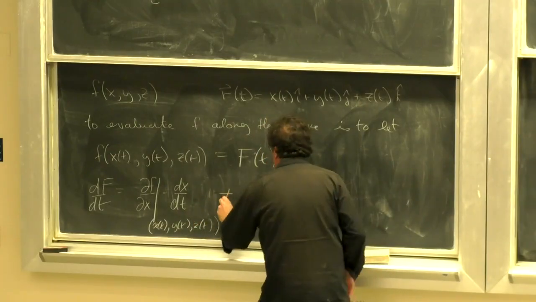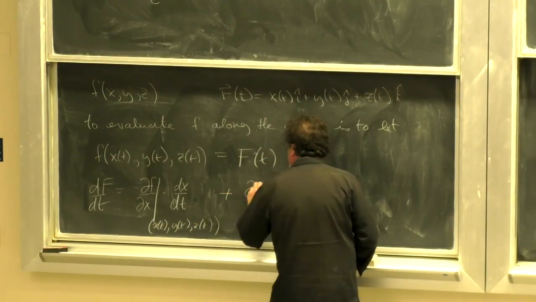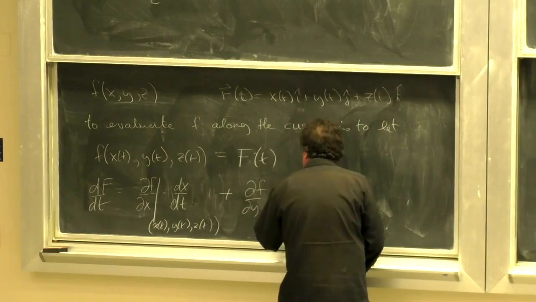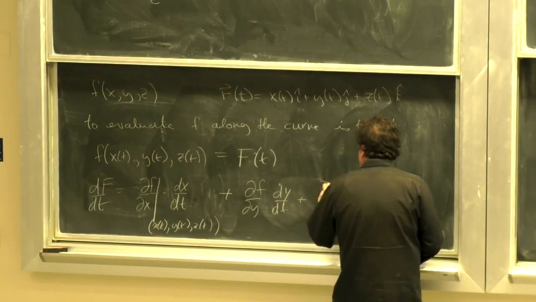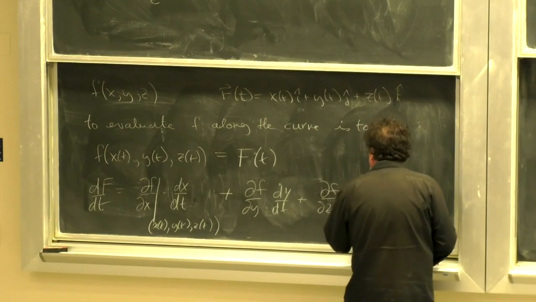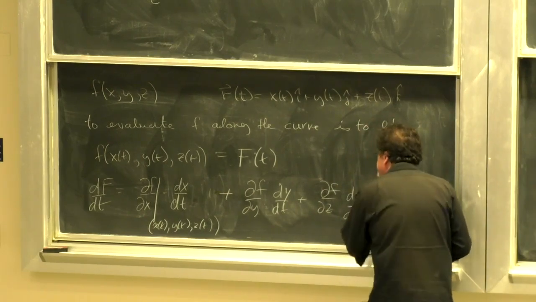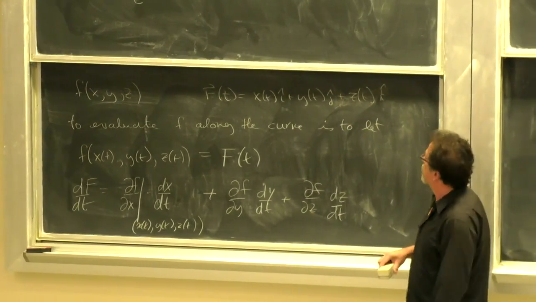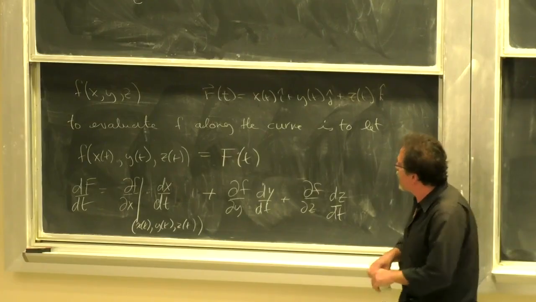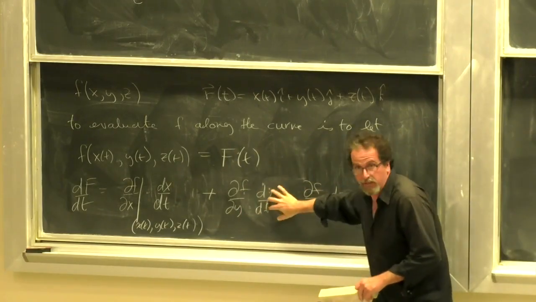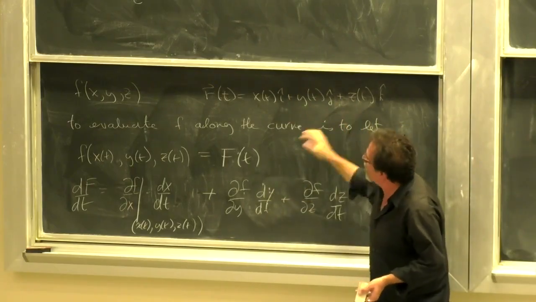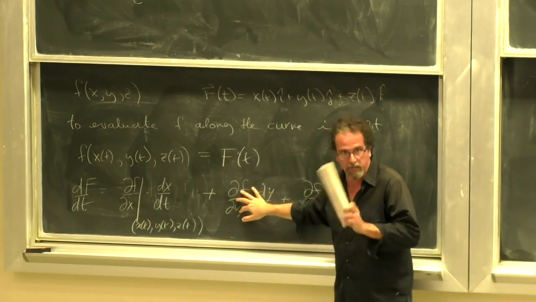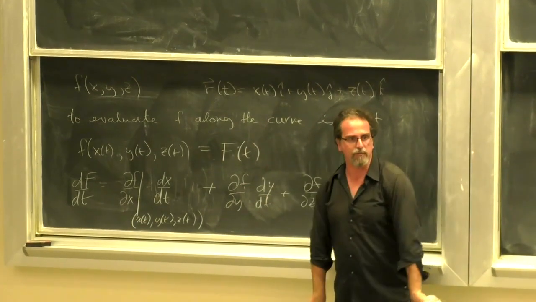And then you do the same thing for the second component, df dy, dy dt, plus df dz, dz dt. The second terms are clearly functions of time, because they're x of t, y of t, z of t. These are functions of x, y, z that get evaluated as functions of time.